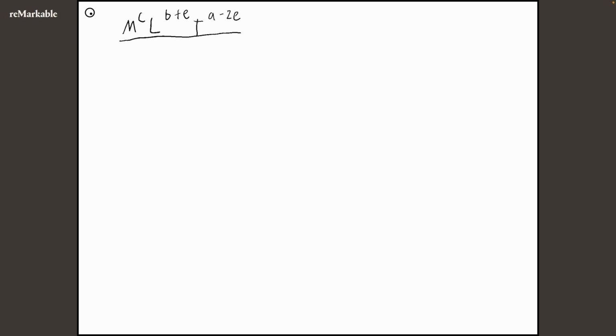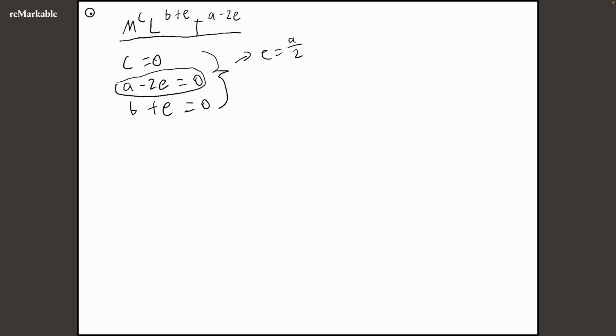So therefore, we set C equal to 0, we set A minus 2E equal to 0, and we set B plus E equal to 0. Using these, we can find E is equal to A on 2 from this equation. We can find B is equal to negative A on 2. And D, which is not in any of the equations, is just free.